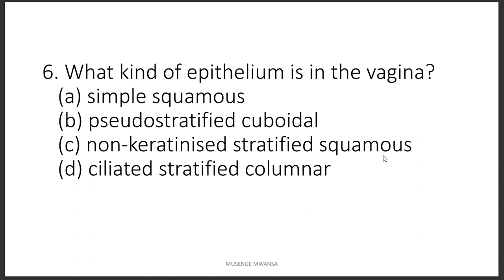It should be flat. And then there are a lot of layers to avoid that kind of friction. It should be stratified squamous, but it should be non-keratinized. Non-keratinized meaning it doesn't have keratin.